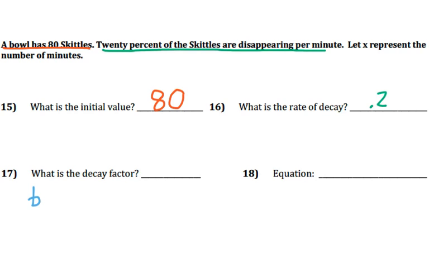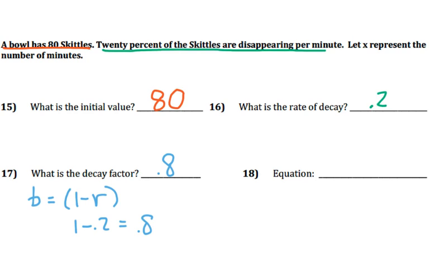But when we write this equation in exponential decay form, we actually replace b with 1 minus r. So we're going to take 1 and subtract our r, which is 0.2. 1 minus 0.2 is equal to 0.8. And so our decay factor is 0.8.